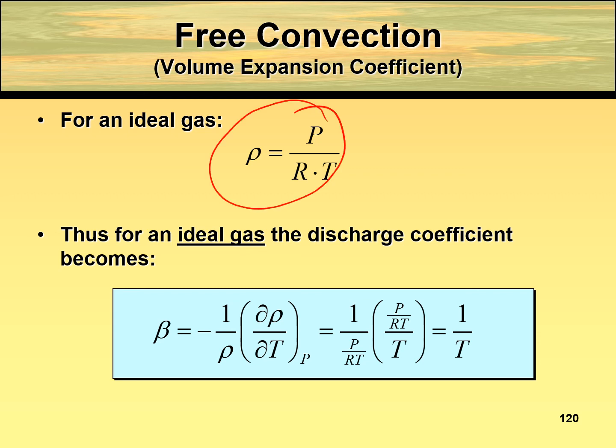Then the volume expansion coefficient can be simplified as 1 over T. So in other words, the volume expansion coefficient for an ideal gas is inversely proportional to the temperature.